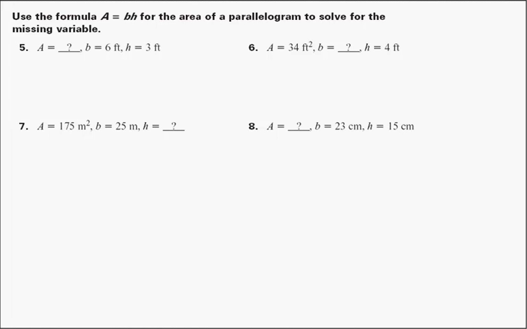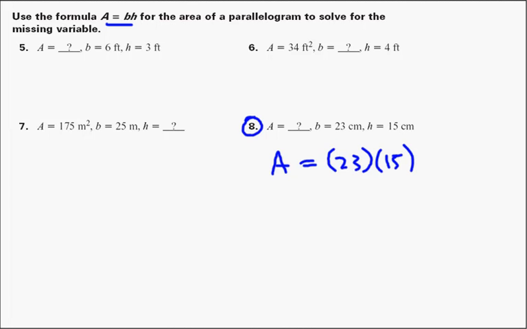First thing I want to do is go over a couple of the homework problems because I expect to get a question or two about those. This is from your lesson 1.5 practice sheet. Directions say use the formula A equals BH for the area of the parallelogram and solve for the missing variable. If I was doing number 8, I know A is equal to 23 times 15.